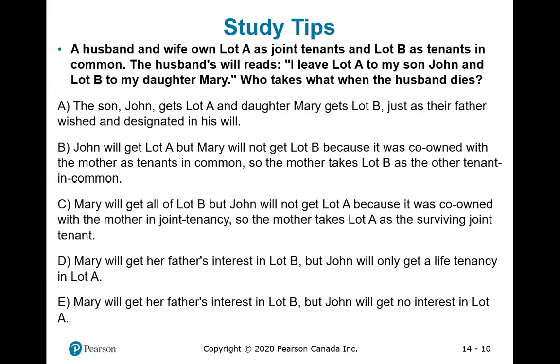Oh, lot A will be with the wife. Yeah. But the will says that after he died, that will go to his son. Yeah, the will is not applicable because of the joint tenancy. So when his wife dies, he will get lot A. Yeah. So when the wife passes away, if there's no will, John and Mary will share lot A.